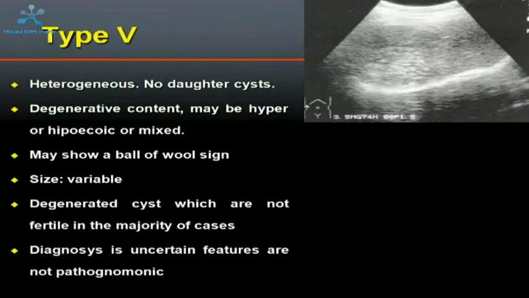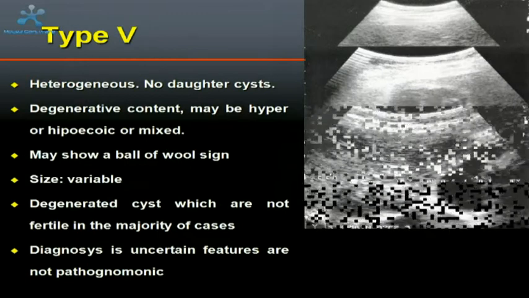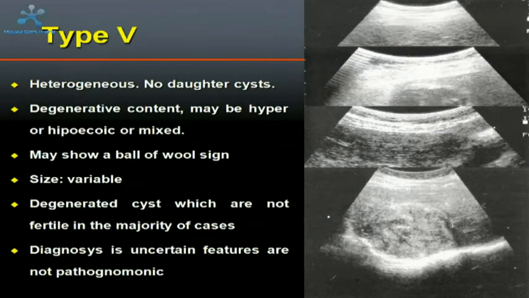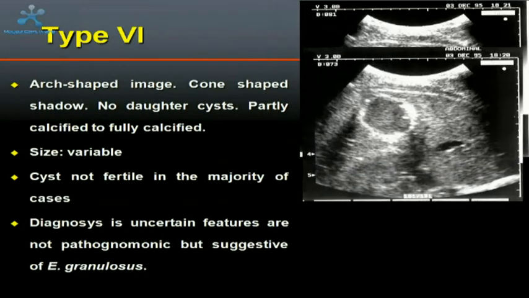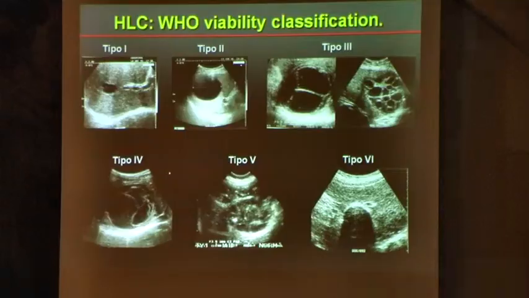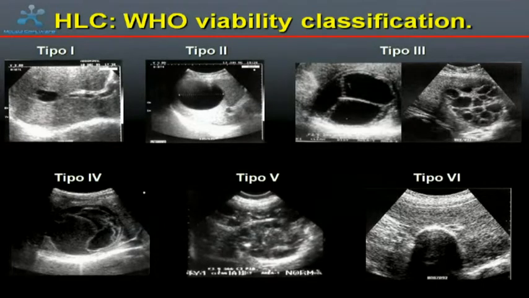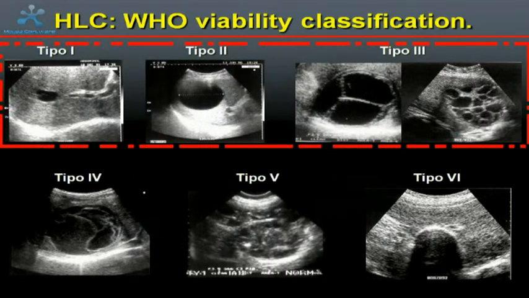The organized cyst, the echogenic one, is type 5, and the calcified one is type 6. This classification points out the viability of the cyst. It is very, very well done, so that from type 1 to type 3 we have the most viable cysts.